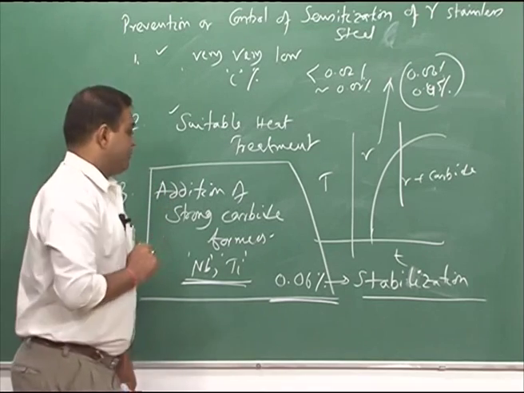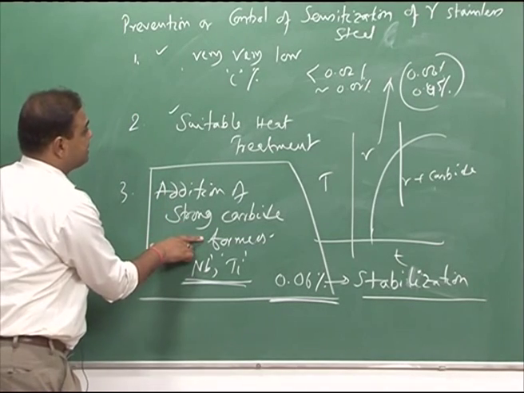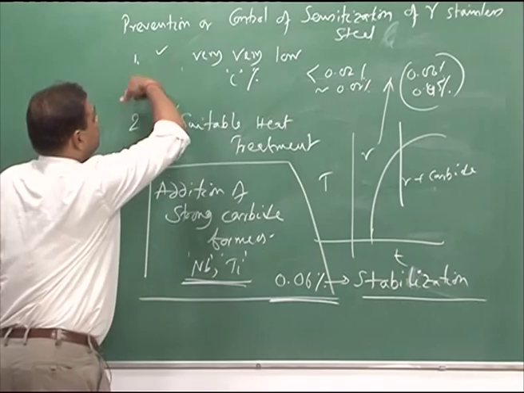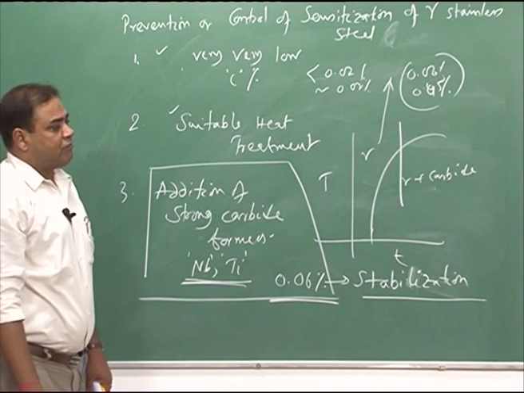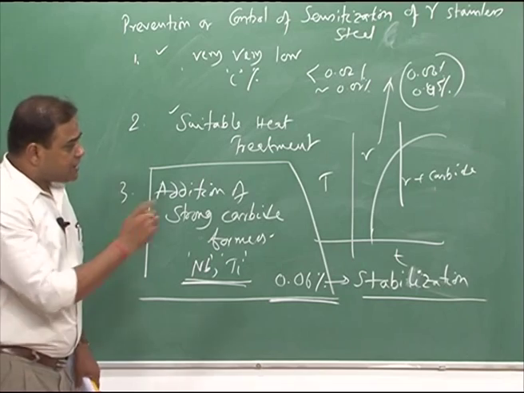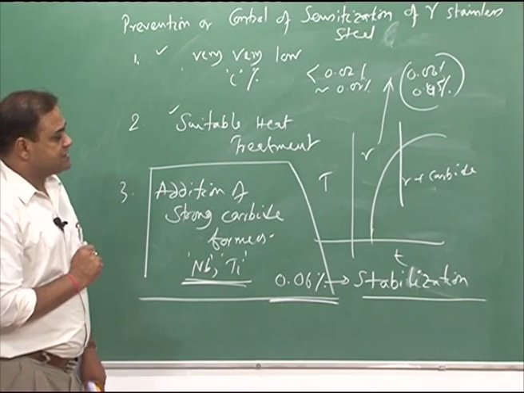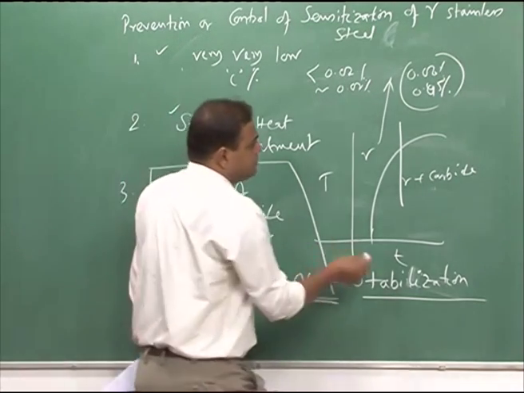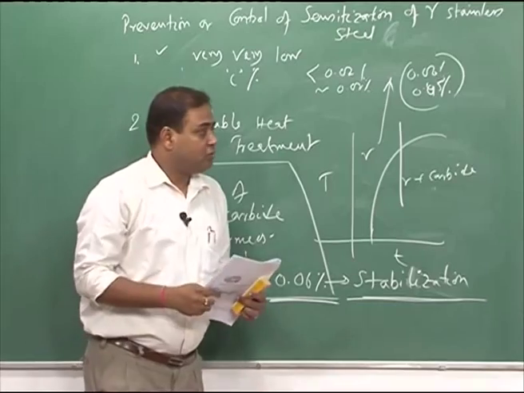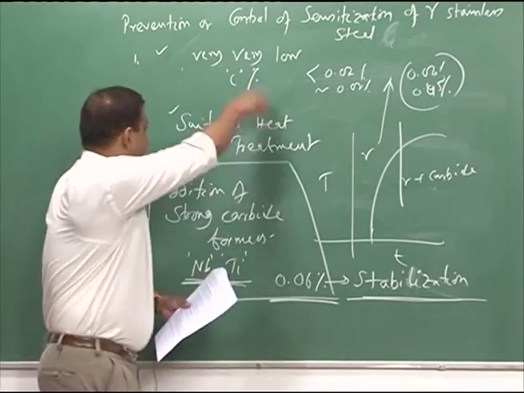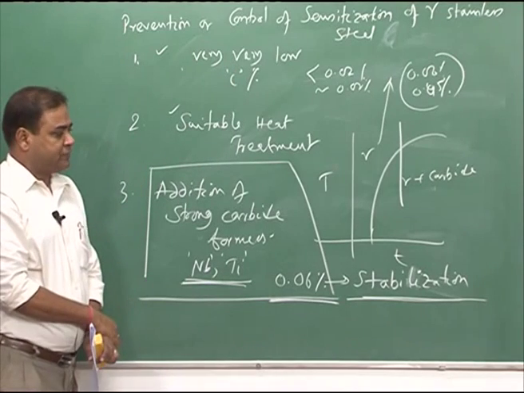So, this is called stabilization, and these are the control mechanisms in stainless steel to avoid sensitization. So, there are two important issues in stainless steel: one is sensitization, another one is stabilization. So, we can have these three protection mechanisms.